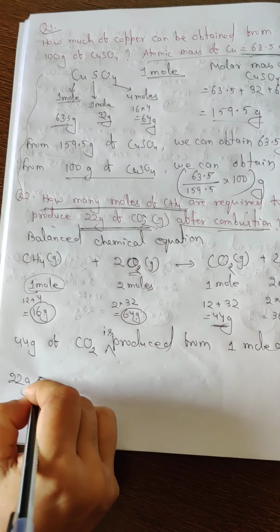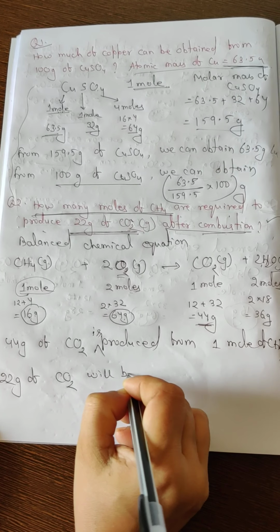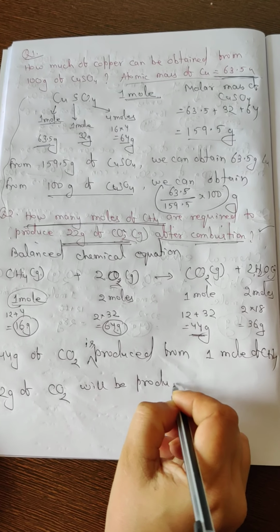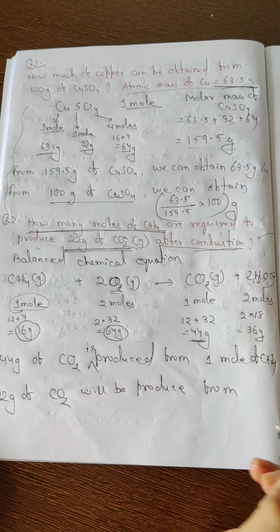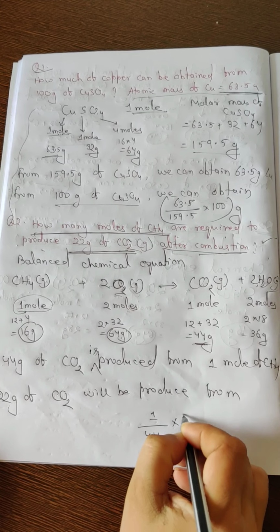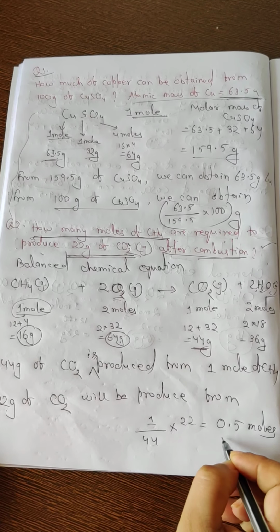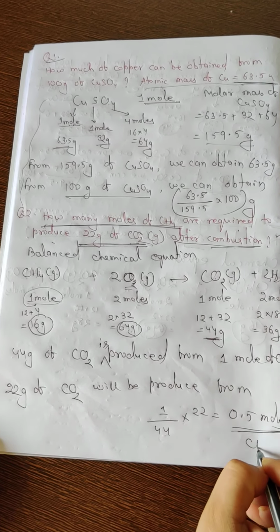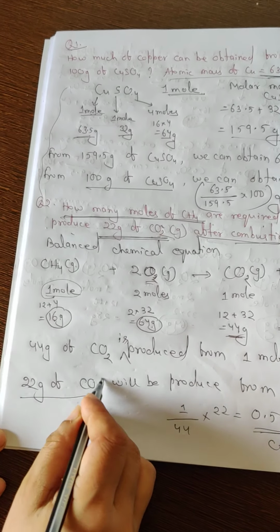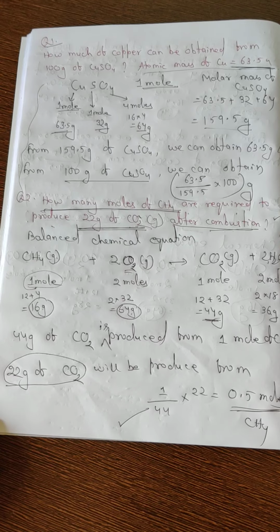So 22 gram of carbon dioxide will be produced from, by the unitary method, 1 divided by 44 into 22, that is equal to 0.5 moles. So 0.5 moles of methane produces 22 grams of carbon dioxide. So the question is solved. I hope you understood.